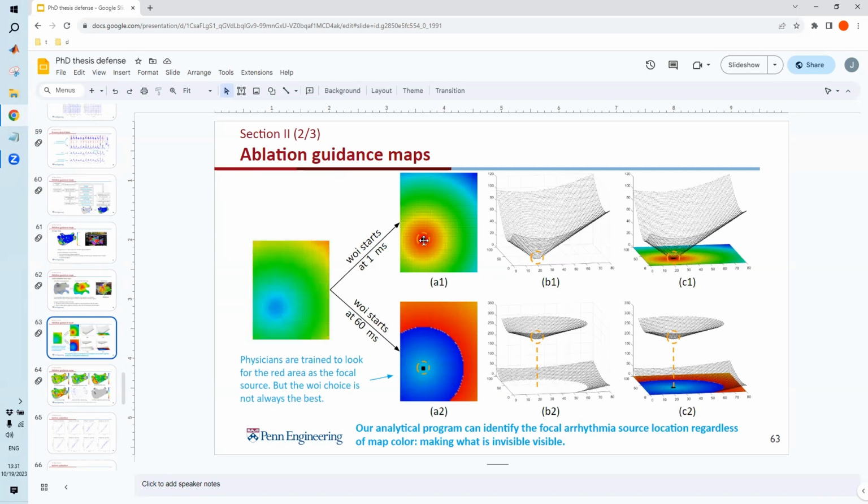No matter how they adjust, if the rhythm has some overlap, or is too fast or too slow in some situations, they will never have a clean cut. So it's very easy to get a map like this. When you're trying to look for the red, it doesn't make sense, because I'm trying to find a focal red, but it's a large area of red, and then they have to spend time to readjust it again.